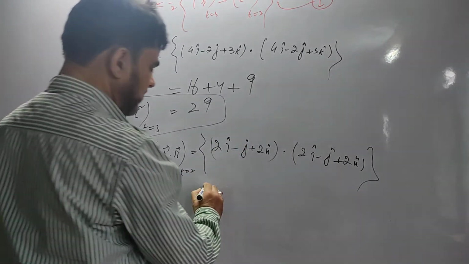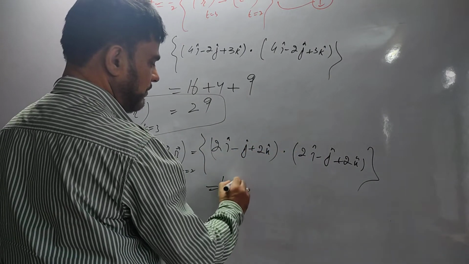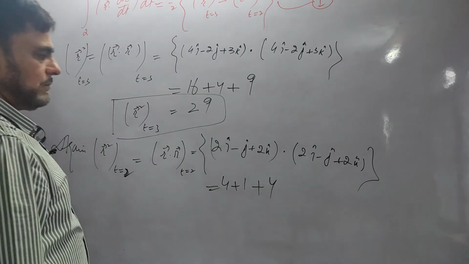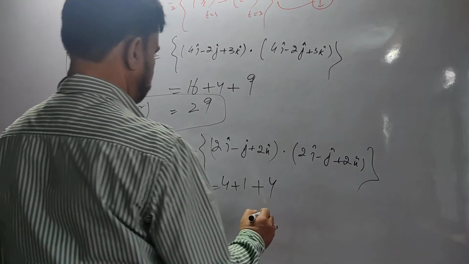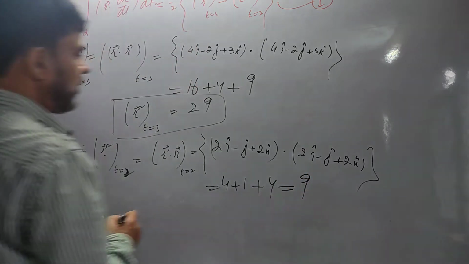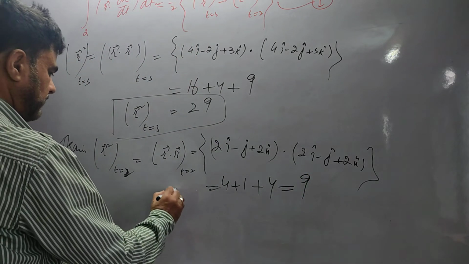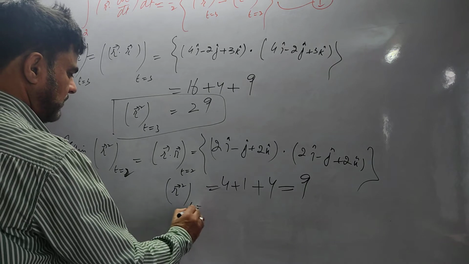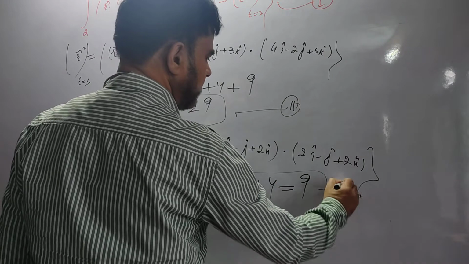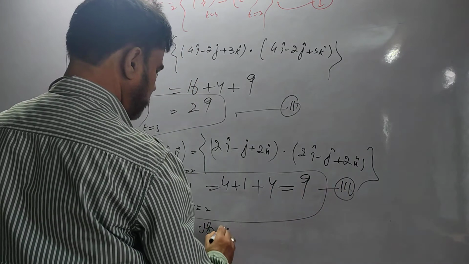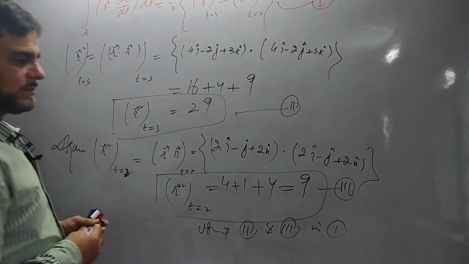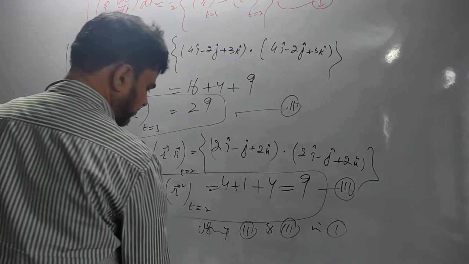Take the dot product: it is 4 plus 1 plus 4, which is 9. If I name this second and this third, using second and third in first.